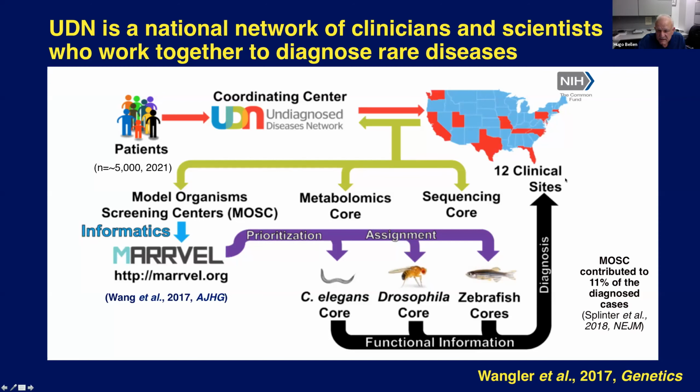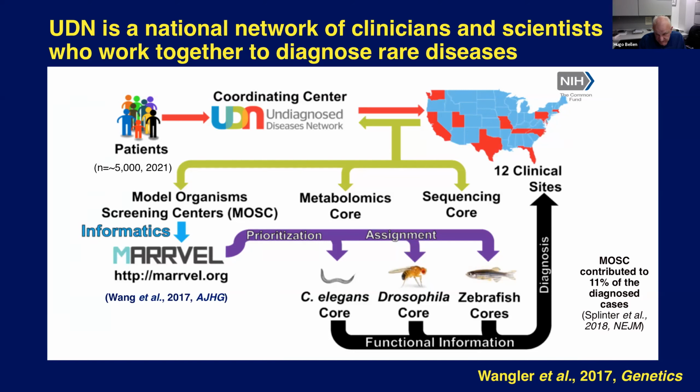There are 12 clinical sites, and patients get a free workup that is essentially a phenotypic analysis. They look at the patients and do a whole series of tests to try to see if they can diagnose them. If they fail, then they will sequence their genomes, by sending the DNA to Baylor College of Medicine, where the sequencing is performed.